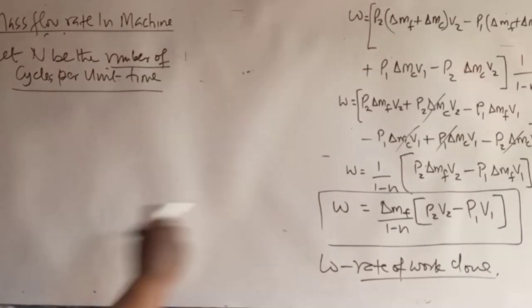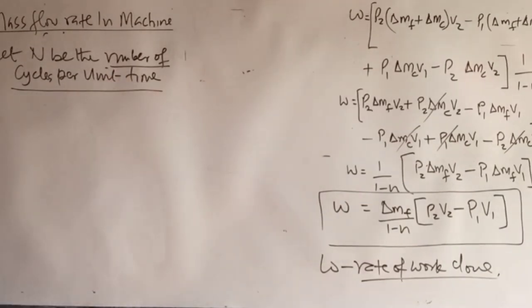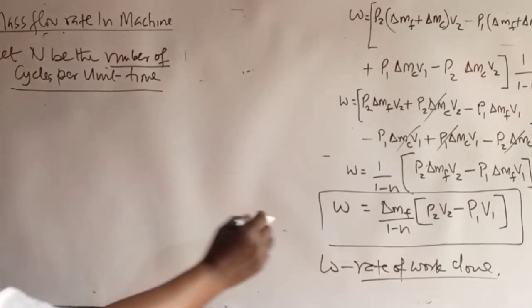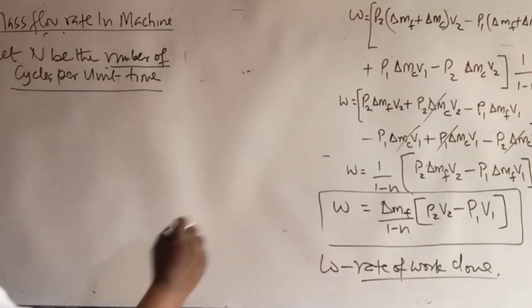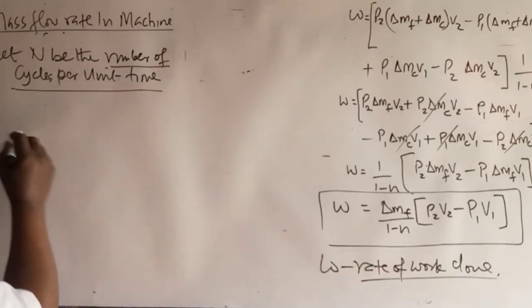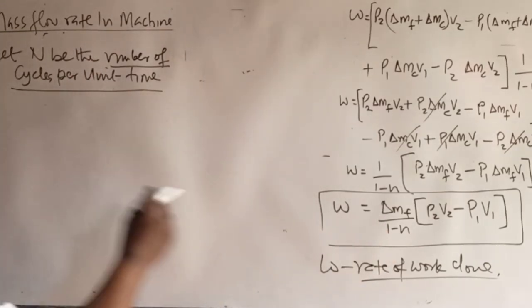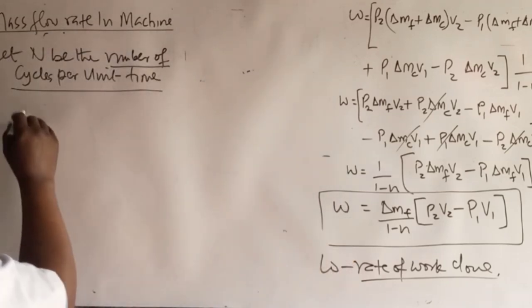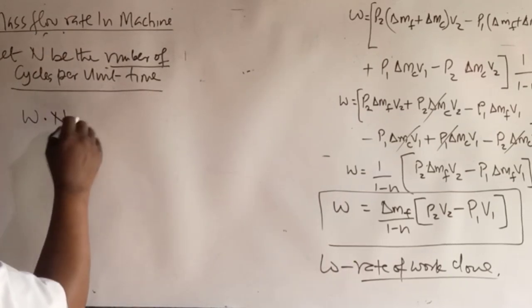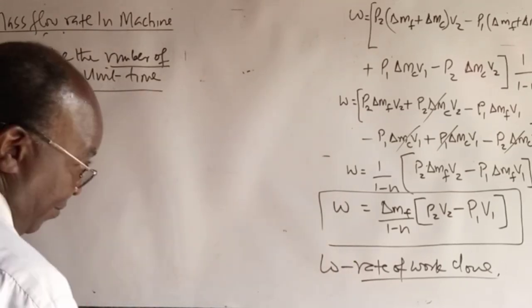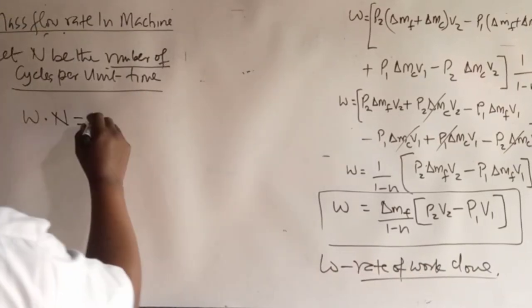So if we multiply W times n, then we will now have the rate of work done per unit time.